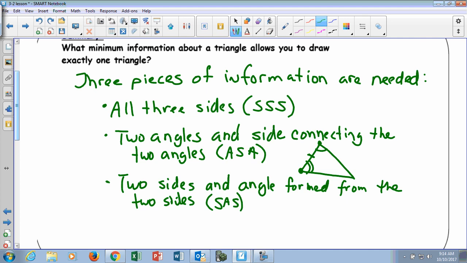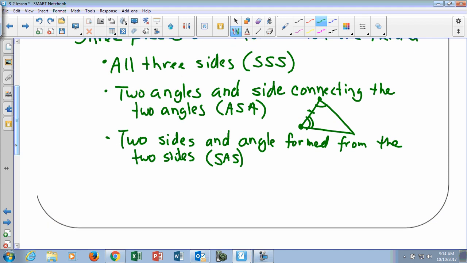So again, what does that mean? Let me go a little further down. If I were to draw a triangle, and here's one side and here's the second side, these two sides form that angle, right? And that's what we're looking at. So side, angle, side. Okay?